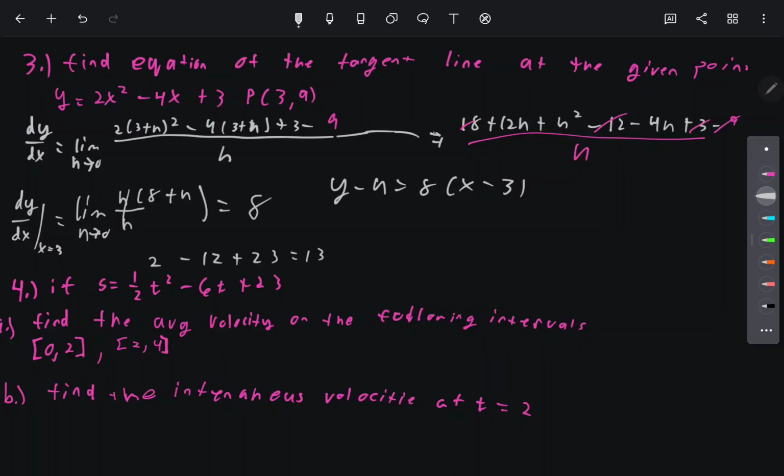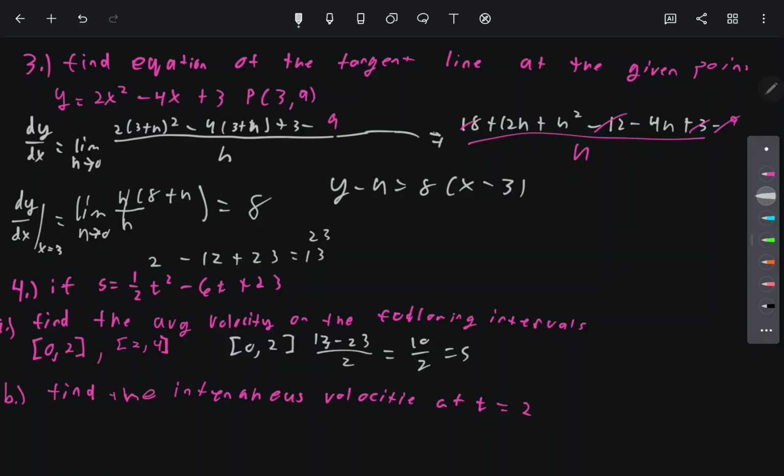If we plug in 0, we get 23. So for 0 to 2, our average velocity is going to be 13 minus 23 all over 2. That's going to give us an answer of 10 over 2, which is equal to 5.